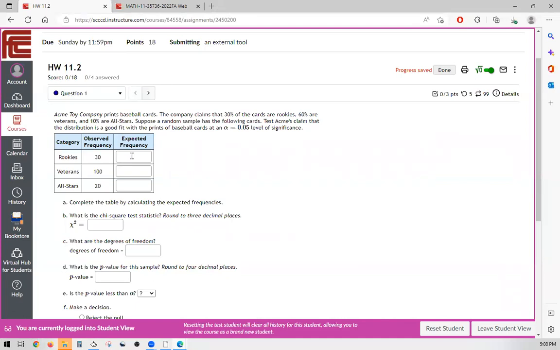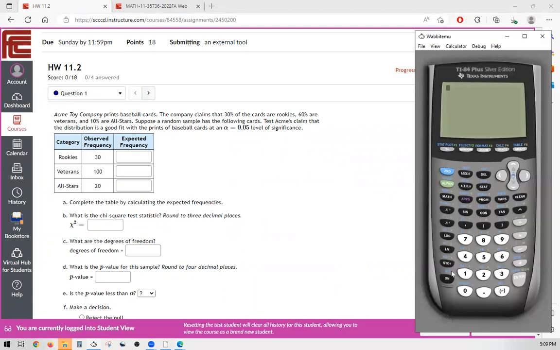The expected frequency, according to the company, is that 30% are rookies, 60% are veterans, and 10% are all-stars. So what you want to do here is figure out what those expected frequencies are. The way you would do this is you would look at the total number of cards. Here we have 30 rookie cards plus 100 veteran cards plus 20 all-star cards.